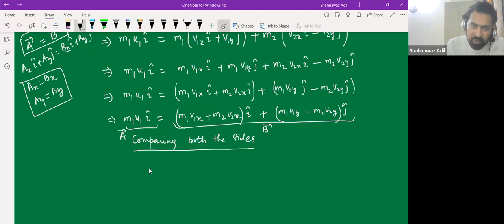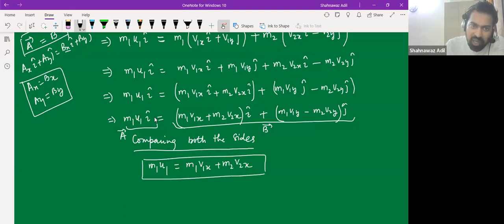So the X component should be equal, which means M1 U1 would be equal to M1 V1X plus M2 V2X. And do we have any J component in here?